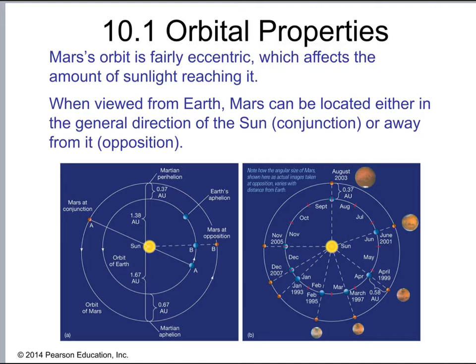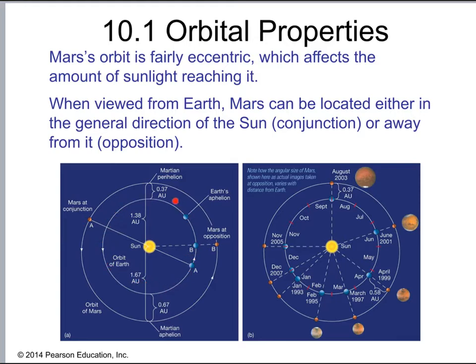Now here we see a picture of the orbit of Earth compared with the orbit of Mars. And remember, Kepler's law tells us that the orbits of the planets are ellipses with the sun at one focus, but if you look at the Earth's orbit, it's pretty close to being circular.